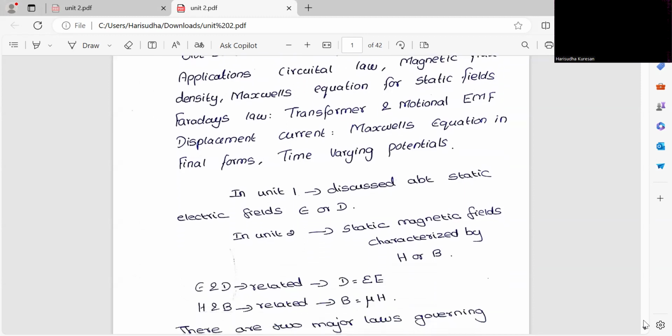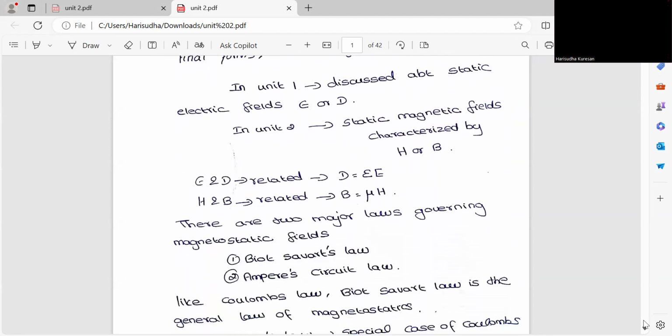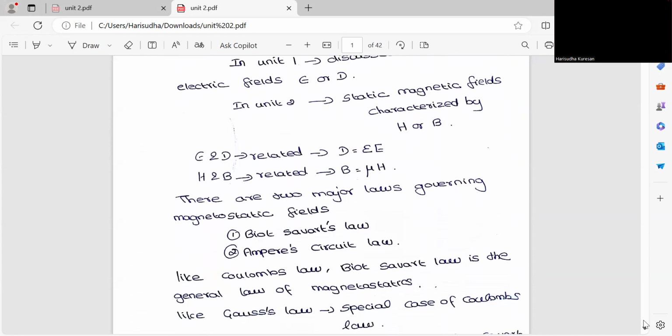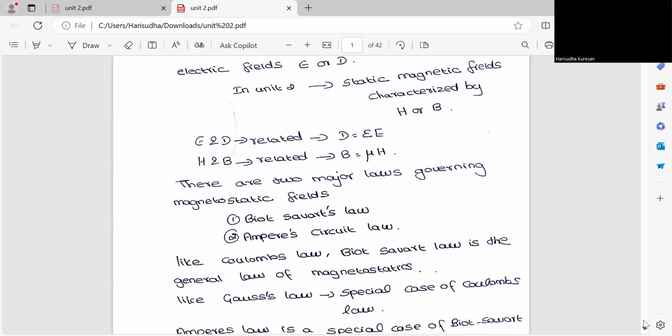and time varying potentials. So in the previous unit, we discussed about the electric fields in which E represents the electric field intensity and D represents the electric flux density. In this unit, we'll see about the static magnetic field, which is characterized by H. H represents your magnetic field intensity and B represents your magnetic flux density.